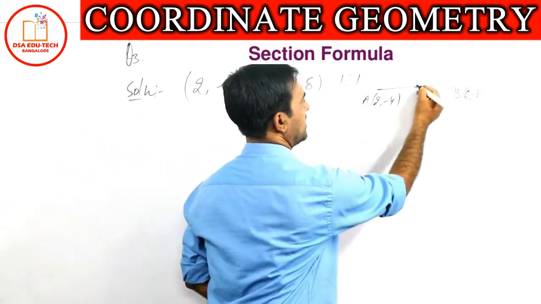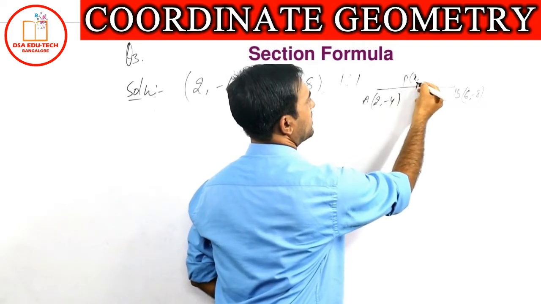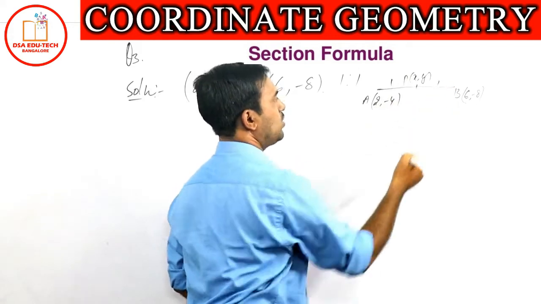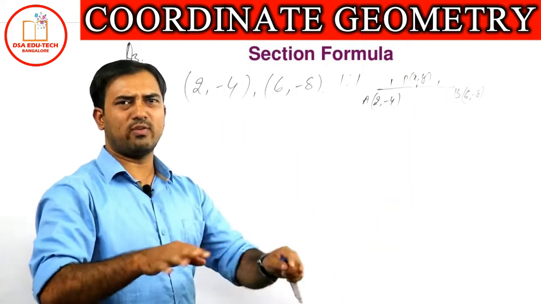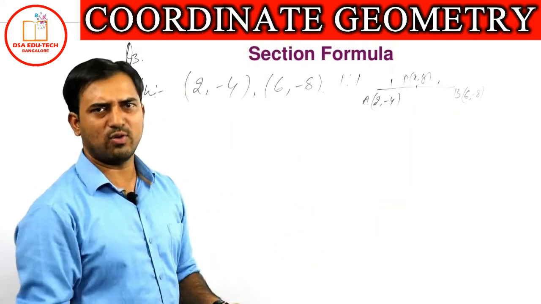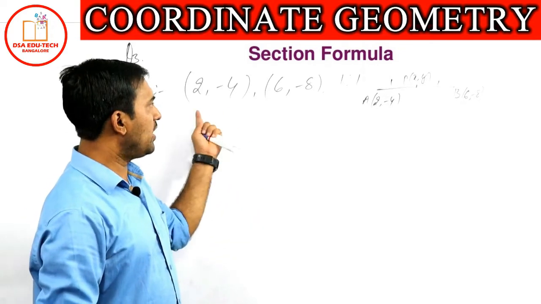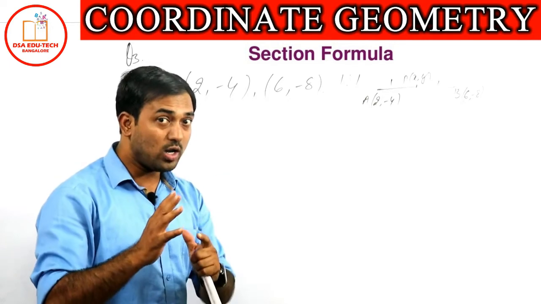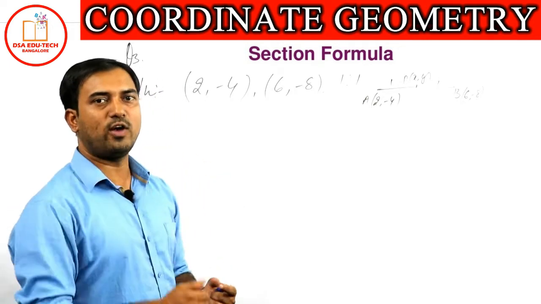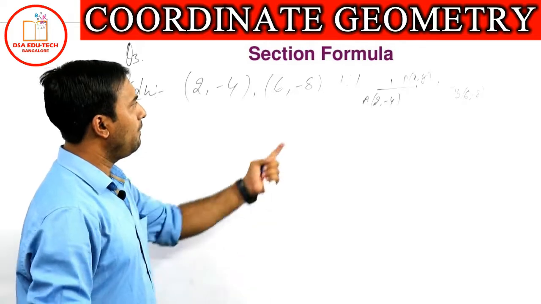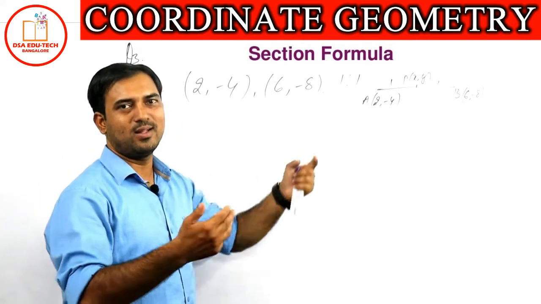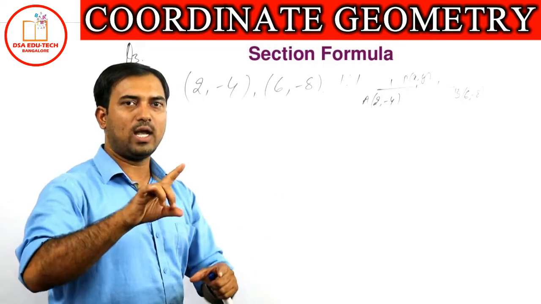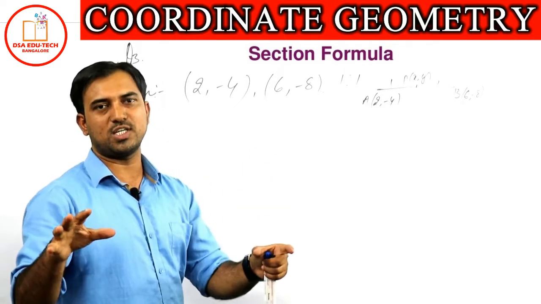So let me consider somewhere here P of x, y, and the ratio is equal 1:1. It could be 2:2. Equal means remain the same. If you divide, you will get 1 by 1. Here, which formula will you use? You can use the same formula, coordinate of the point, or you can also use midpoint formula. Why midpoint formula? Because ratio is same. You divide or you multiply 1 with any number, the number value doesn't change.